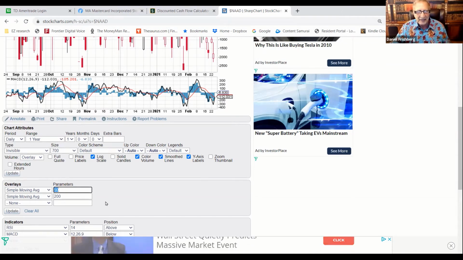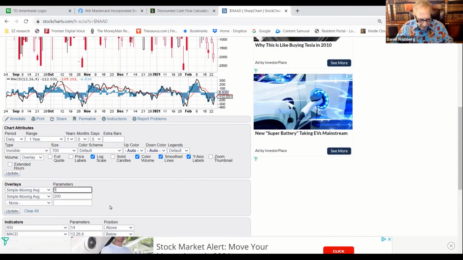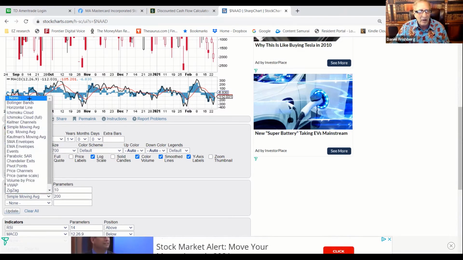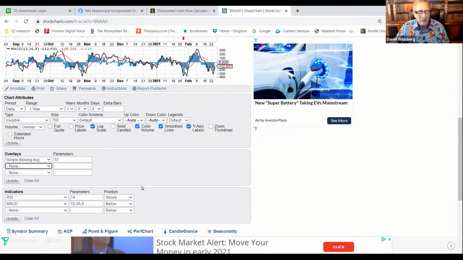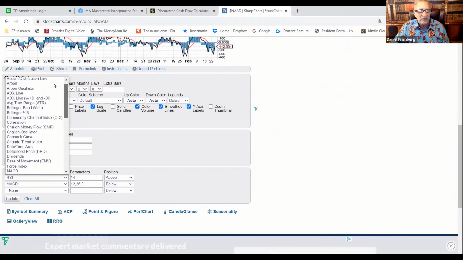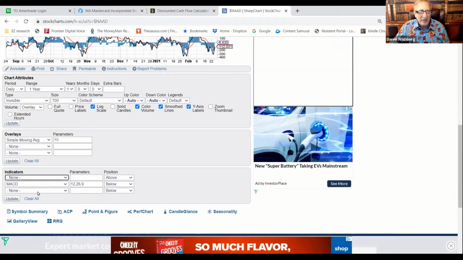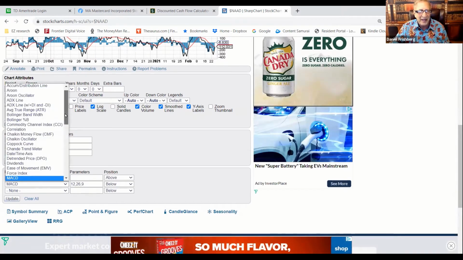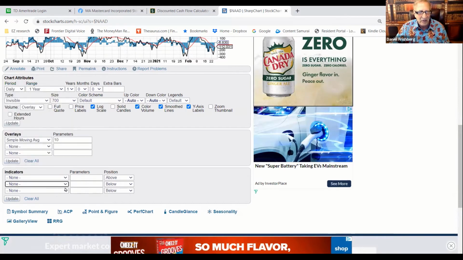The next thing I'm going to do is the overlay. Now that the daily thing is invisible, the only thing I'm going to see is the overlay, and that's going to be a 10-day moving average. Then I'm going to take the other one out. I want this to be as simple to look at as possible. So I'm going to take out all of these different indicators, which someday they may be valuable to you, but today we're not using them on this picture.